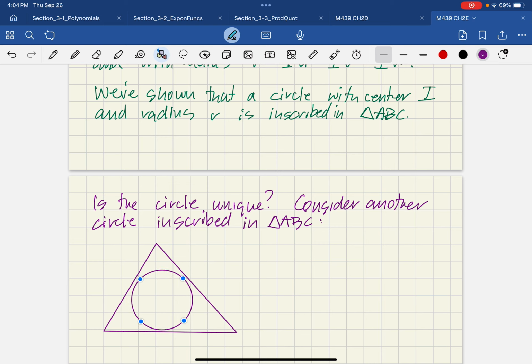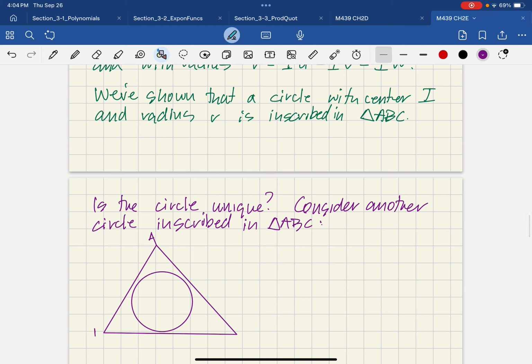Okay, that's about as good as I can get it, but let's imagine that that circle actually is inscribed, does just barely touch the edges of the triangle. Let's go ahead and label this up, A, B, and C. Let's let these points be the points at which the circle meets the side. He usually labels them X, Y, and Z.